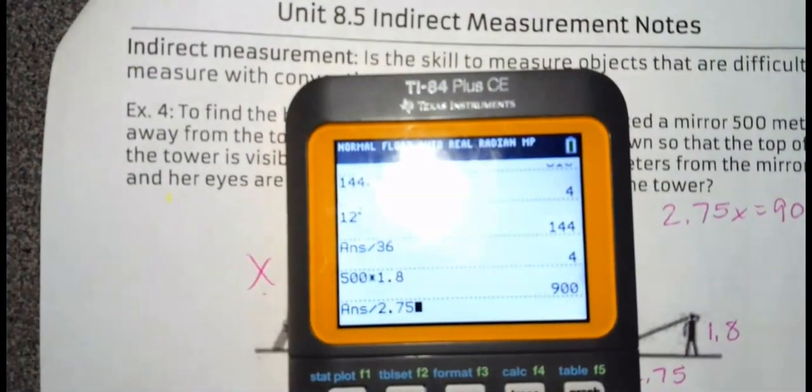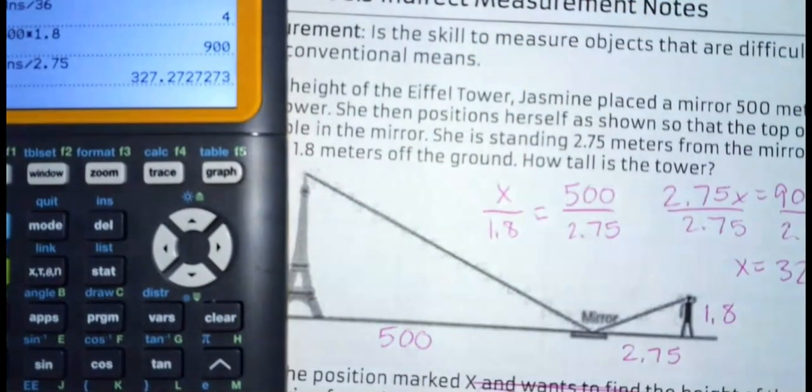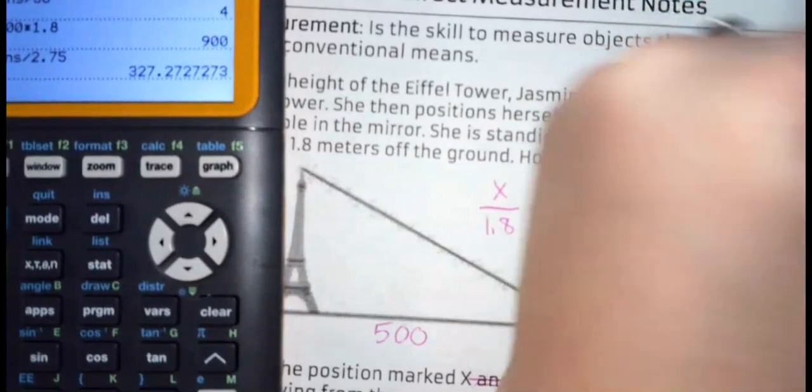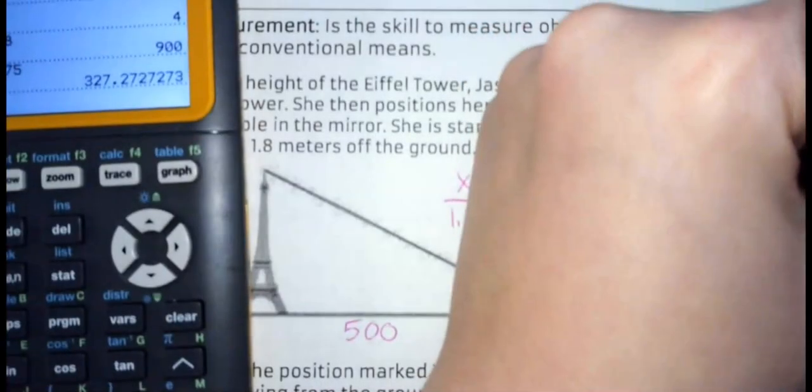All right. 900 divided by 2.75, and I get this number. So x equals 327.3 meters.